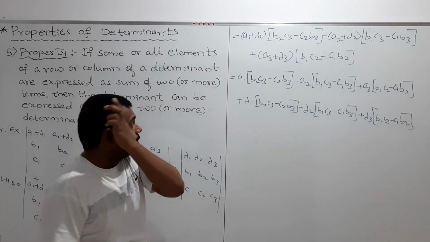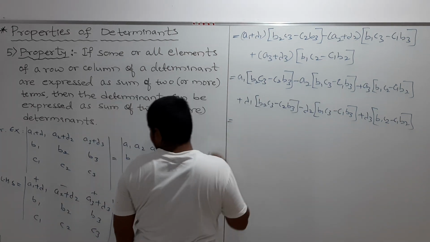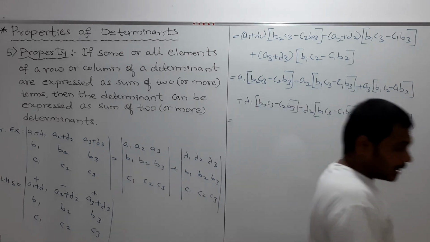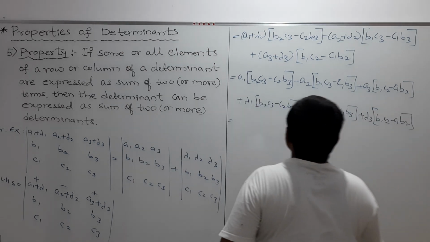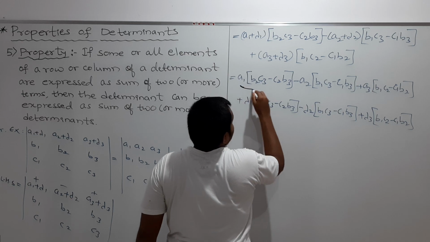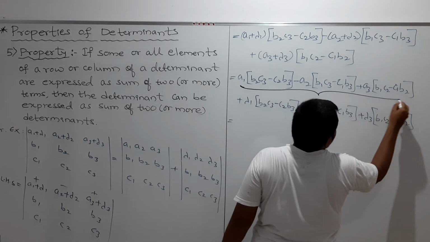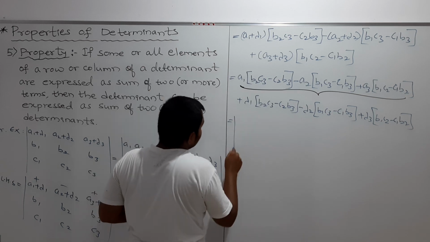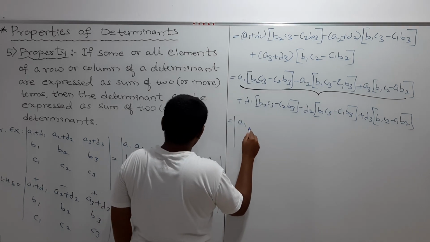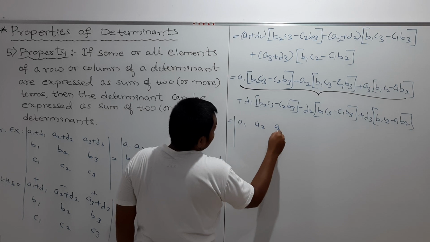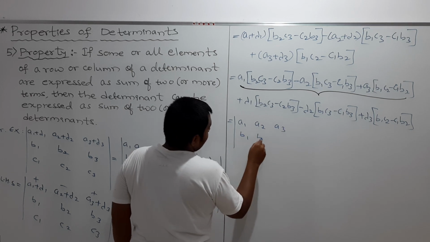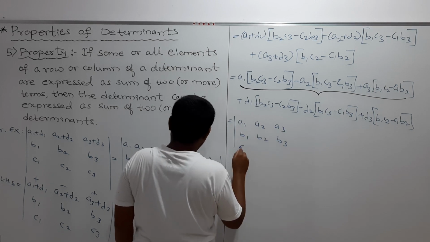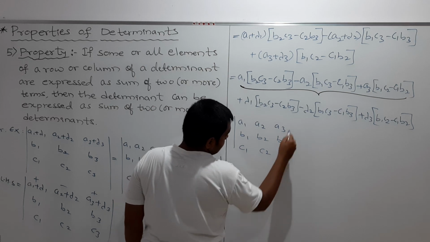Clear? And now, my dear students, you can observe, or you already know, that I can write this term as the determinant of a1, a2, a3, b1, b2, b3, c1, c2, c3.